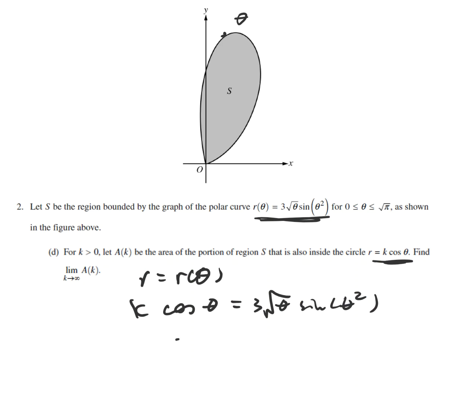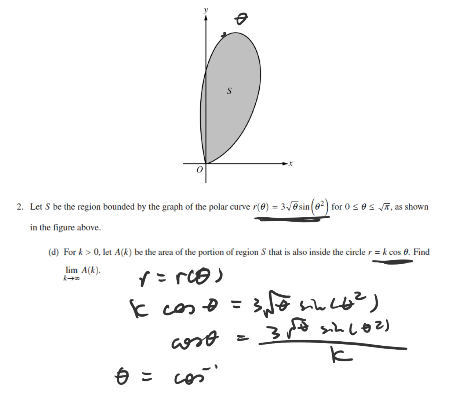So cosine of theta equals 3 times square root of theta sine of theta squared all over k. And then theta is just cosine inverse of the whole thing on the right side of the equation.